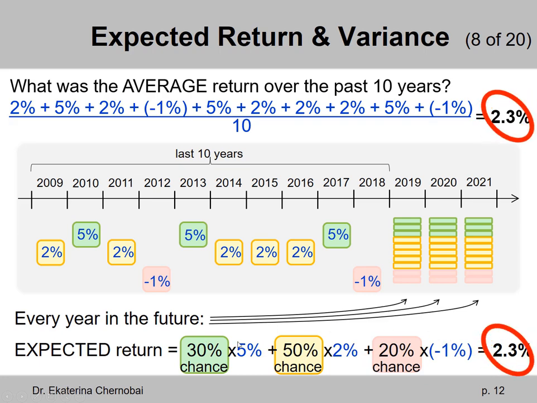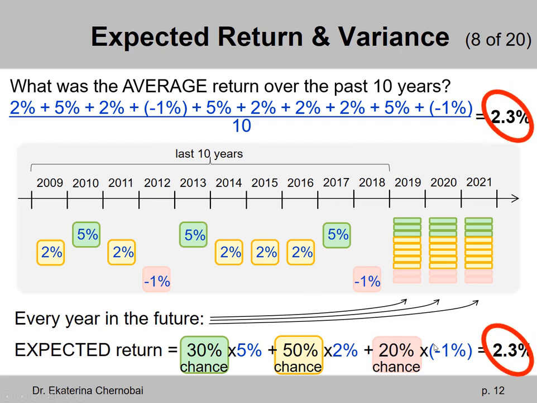And the probabilities: the 30% probability is like, in the historical average, adding 5% 3 times, right? 5% in 3 different places. Same for the 2% outcome. 50% chance means if we are talking about a 10-year period, then it's 5 times over 10 years. And in the historical average return, we have 2% summed up 5 times.